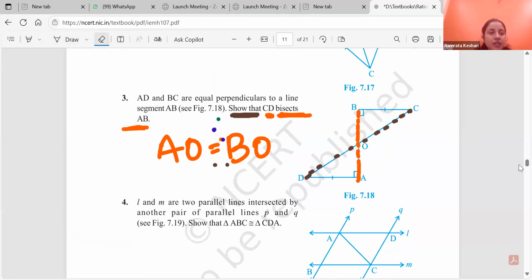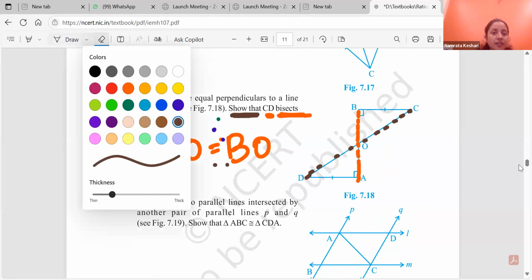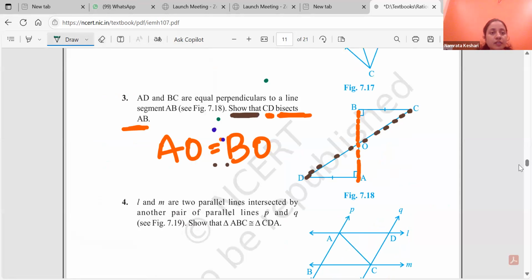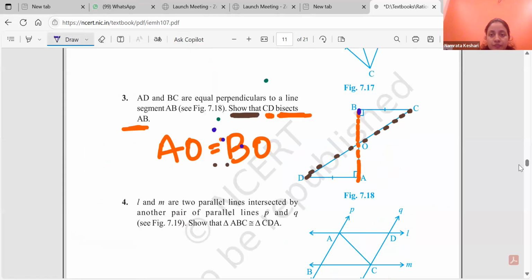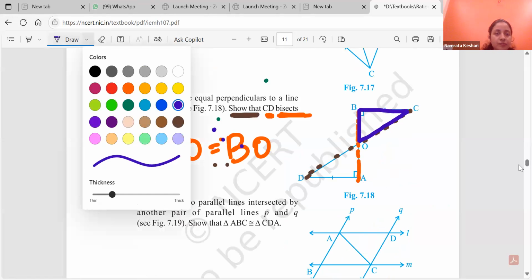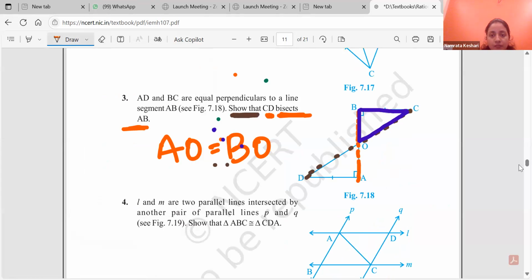So if you are understanding all this, and here we have to show that AO and BO are the same in length, then let's prove the congruency. Which congruency? In case we are able to prove that this triangle and this triangle are congruent, then automatically everything will be the same.